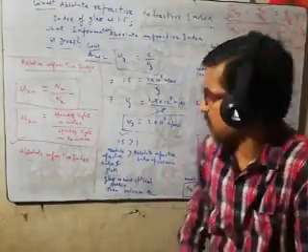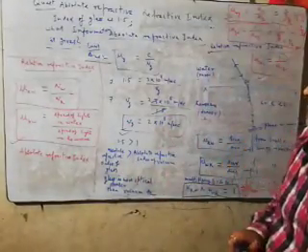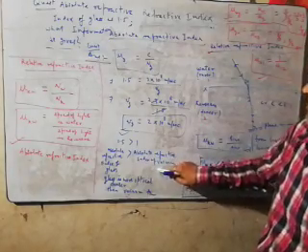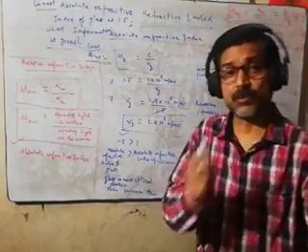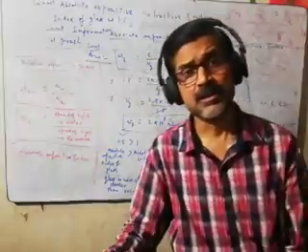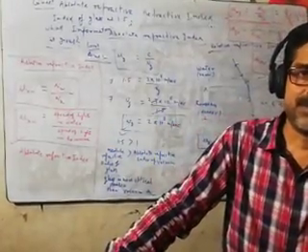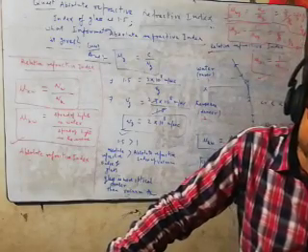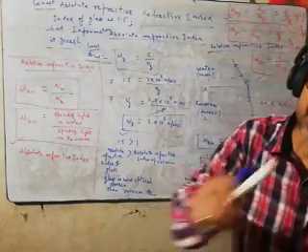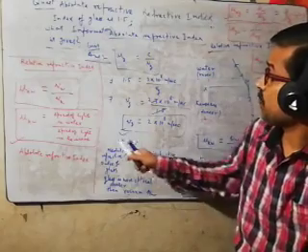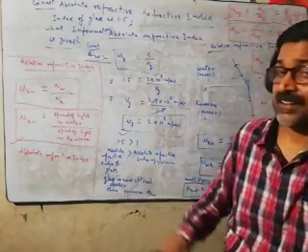Absolute refractive index of vacuum is 1. Vacuum has the minimum refractive index, 1. So any other medium's refractive index will be more than 1.